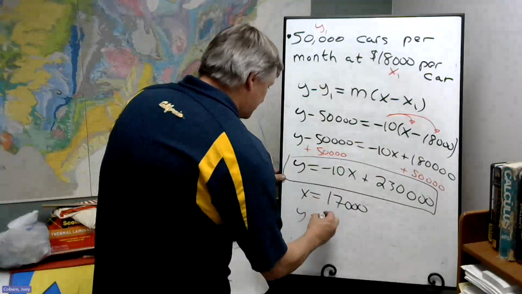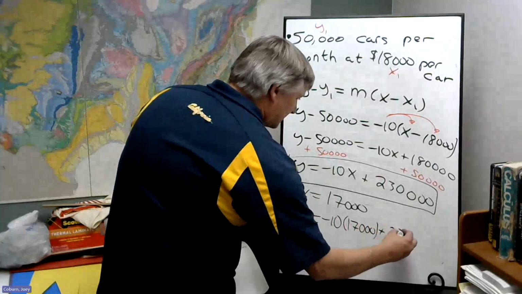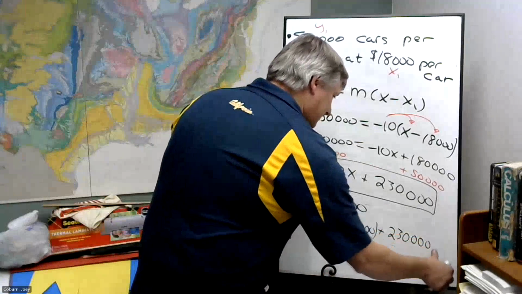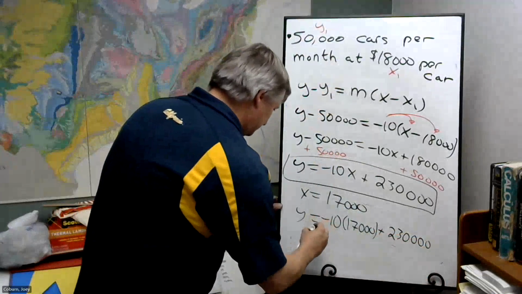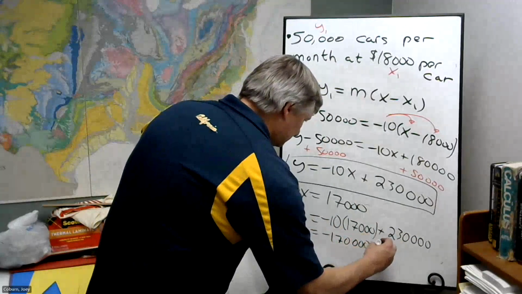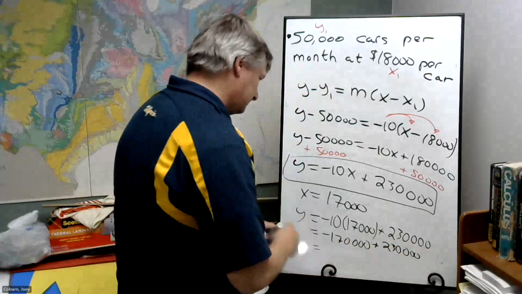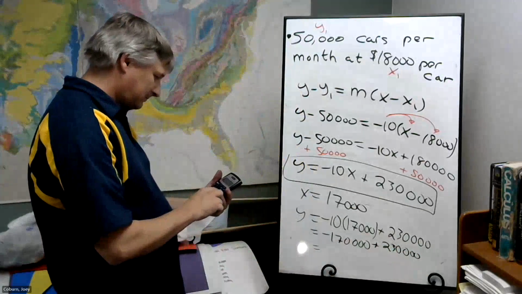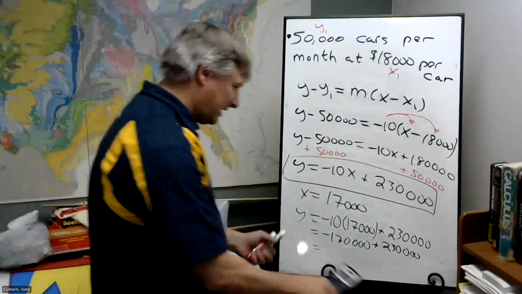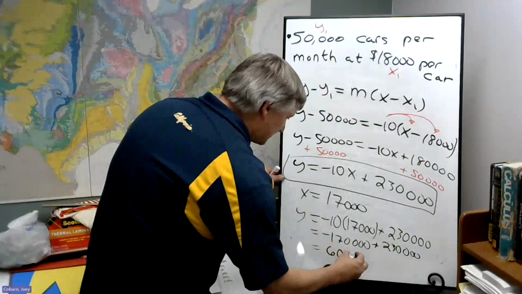So that means Y becomes negative 10 times 17,000 plus 230,000. And so what we get is 60,000 cars.